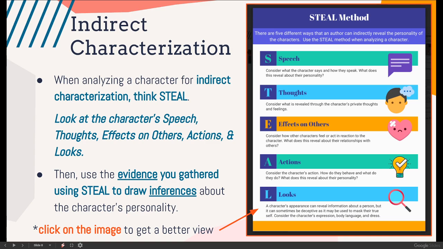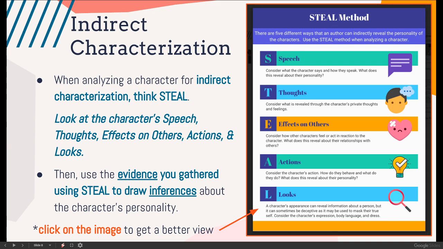If the narrator chooses to reveal the private thoughts of a character, what does that show about them? Consider the effects that the character has on others. Think about the way that they engage in their relationships. How do people react around your character? If they act like they are in fear of that character, it's likely that your character is someone who instills fear in others. You'll learn something that way.